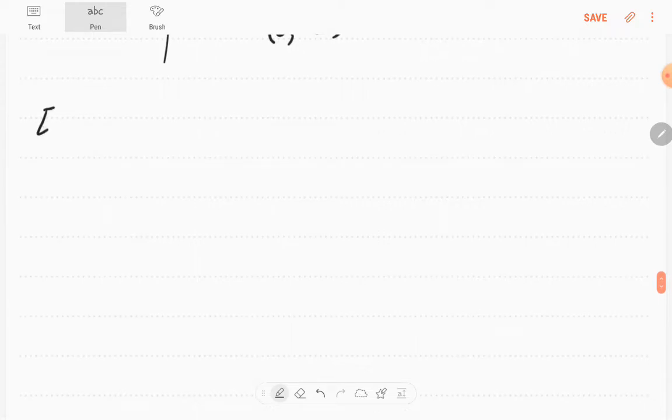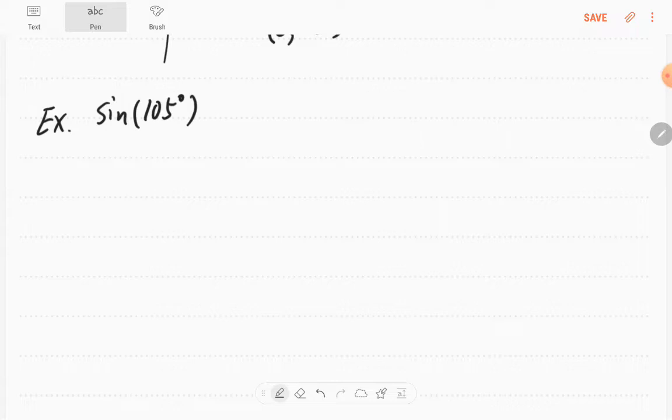Okay, so now let's look at this one. Sine 105 degrees. This is not a special angle. However, sine 105 degrees is in the second quadrant, because in the second quadrant the greatest value is 180 degrees.